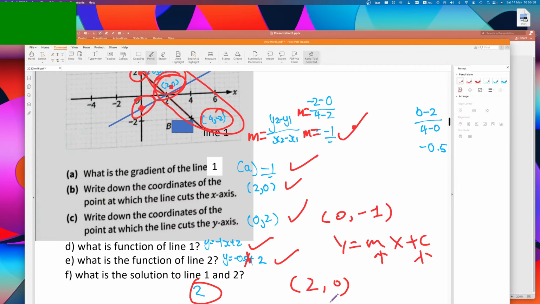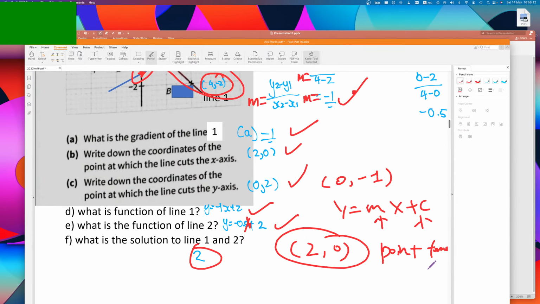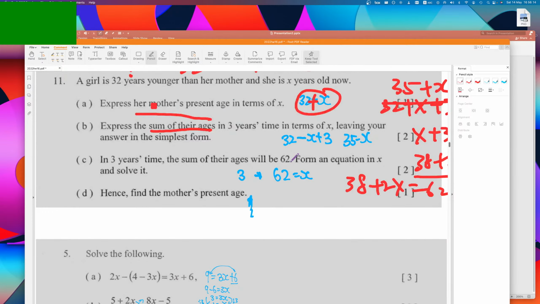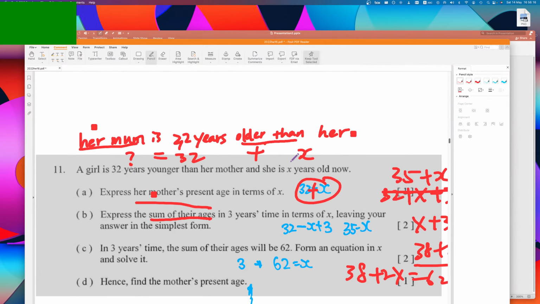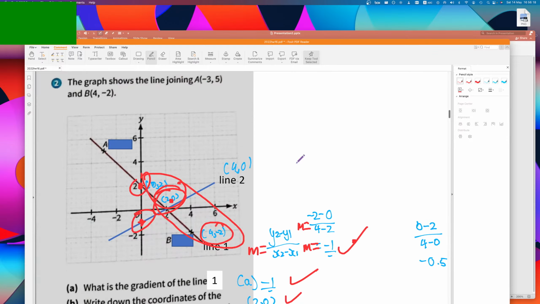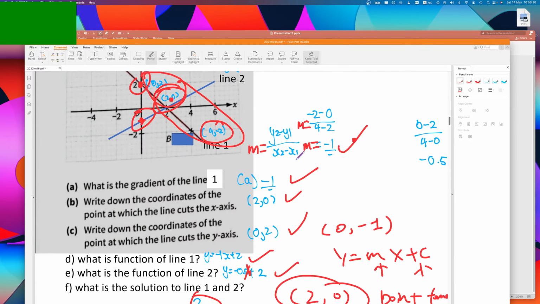What format is this? Point format. The answer wants what format? Solution. Yes. So how do you write the solution format?